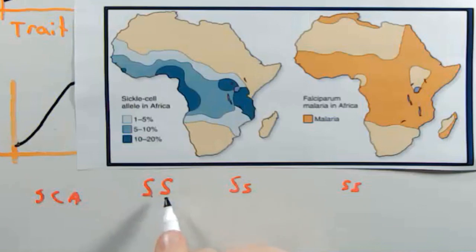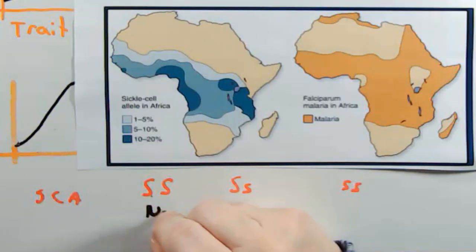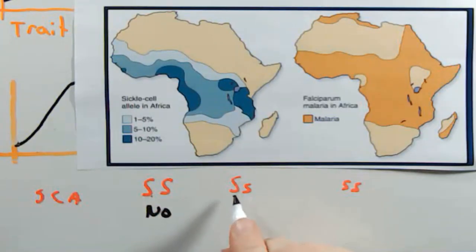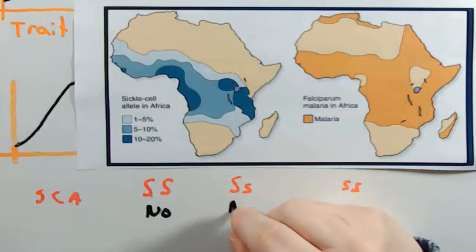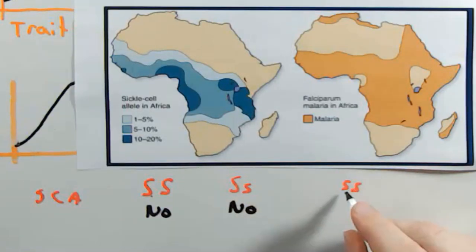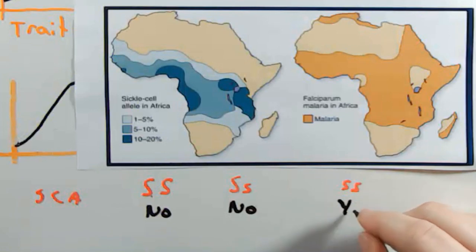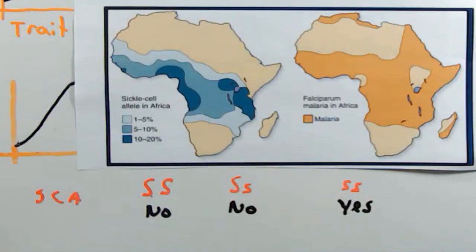People who are big S, big S do not have sickle cell anemia. People who are big S, little s also do not have sickle cell anemia. Individuals who are little s, little s do have sickle cell anemia. Interestingly, what they discovered was that there is a difference in malaria susceptibility depending upon what your genotype is of the sickle cell genes.